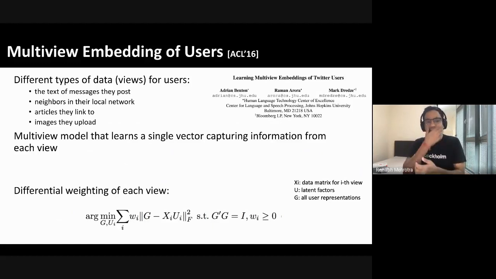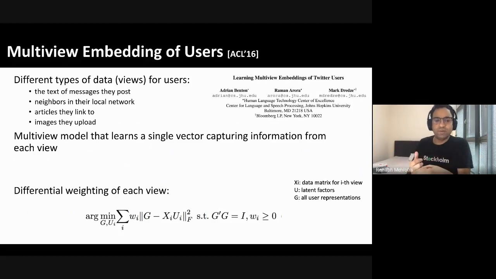Here comes the problem: if you have multiple views, one of them is text modality. The other one is the social network of who these people follow on Twitter, or what kind of followers these users have. The other one is the images they interact with, the videos they interact with. So you're looking at this holistic multi-modal data of each user. And this is where you could say that I'm going to do multi-view learning.